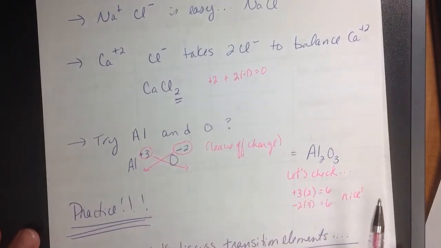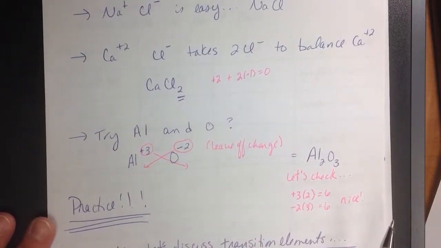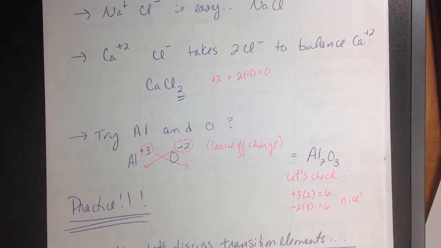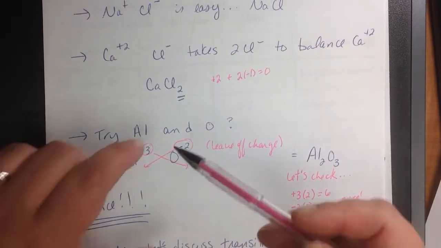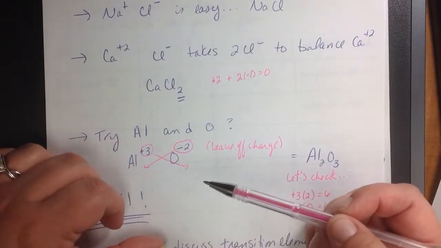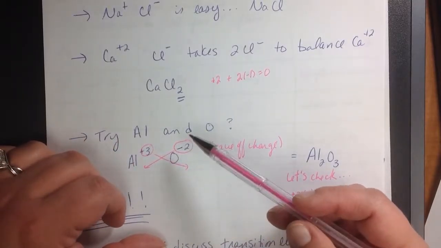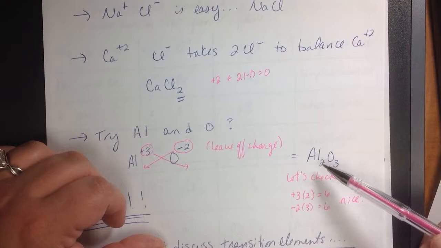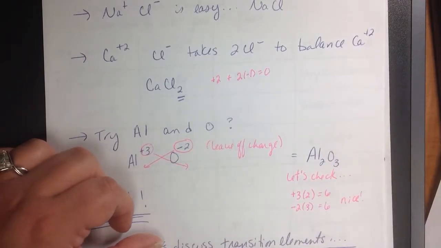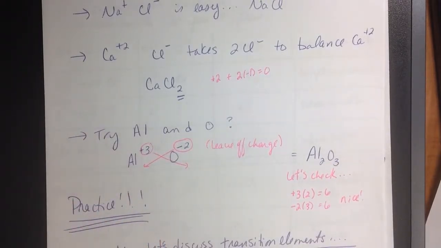One of the things that you can do to make this real simple and really fast to figure out what type of compound you have is simply flip these two. You leave off the charges, but you just say Al2O3. Now, the reason why that works is because it still balances out.